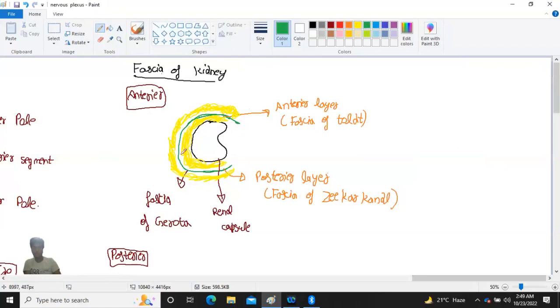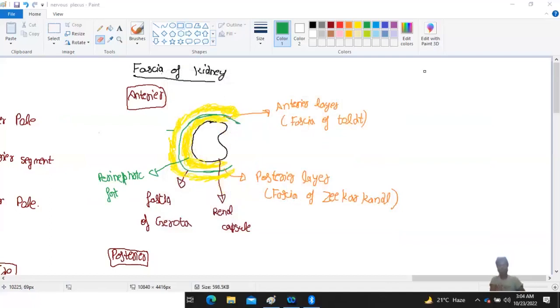This fat is called pre-renal, perinephric fat, and this is paranephric fat.